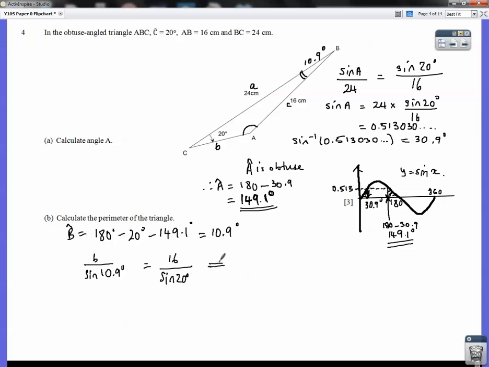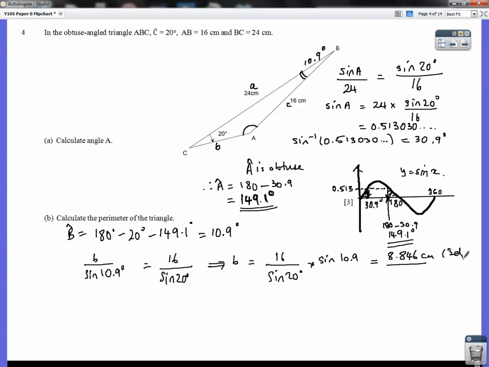And then multiplying both sides by the sine of 10.9, this implies that b is going to be 16 over the sine of 20 multiplied by the sine of 10.9, or 16 sine 10.9 divided by sine of 20. When you're typing this in, make sure that you're not doing 16 divided by sine of 20 times sine 10.9 all on the bottom line, so to speak. When you do this, you get 8.846. So try this for yourself and make sure you're actually getting this correct. So you get 8.846 centimeters.